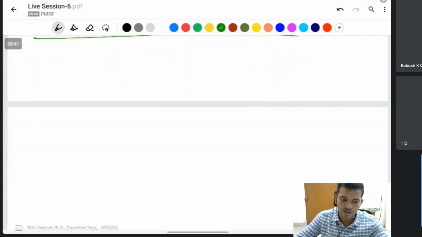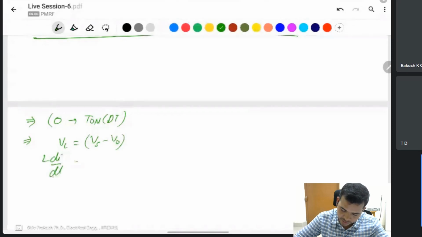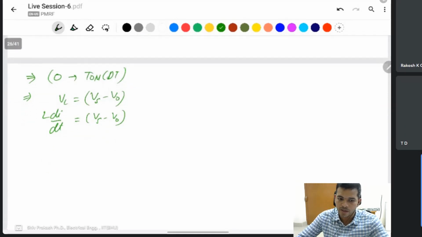If we take continuous conduction mode, from 0 to T on, it means dT, you apply a voltage at the inductor, VL is the same as Vs minus V naught, equal to L dI by dt. I take V naught as a constant voltage for analysis. If this is a constant and this is also a constant, then the subtraction will also be constant.